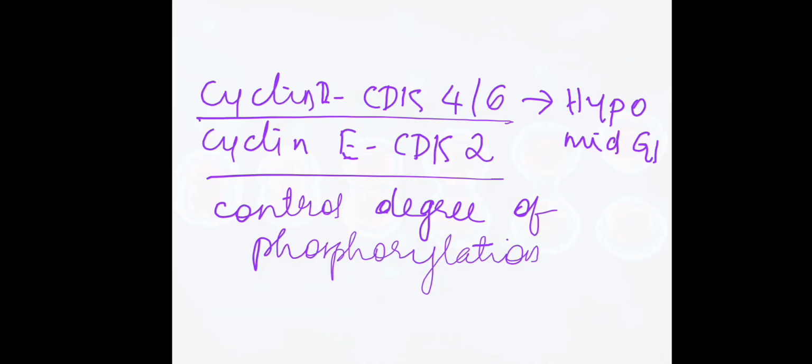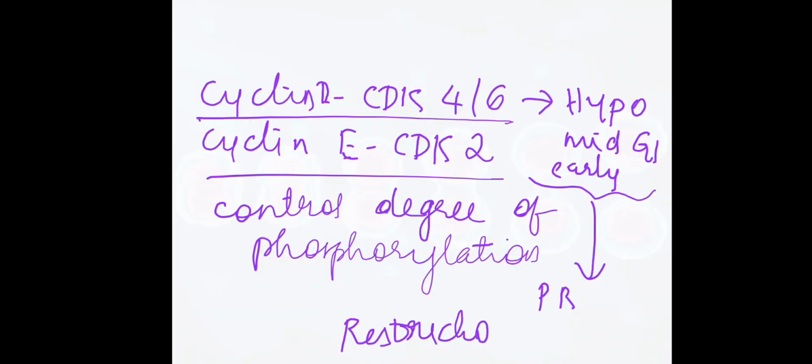Hypophosphorylation by cyclin D CDK 4 and 6 is done especially in early and mid G1. So it is very much needed. It is a prerequisite for the restriction point.